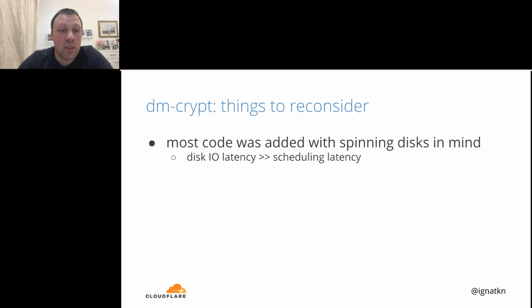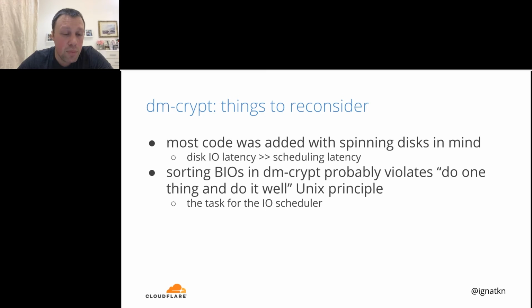So, things to reconsider. Most code was added with spinning disks in mind, where disk I/O latency is much higher than scheduling latency. For modern SSDs and other modern storage, CPU scheduling latency is comparable to disk I/O latency. That's why this asynchronous behavior is much worse these days for performance.